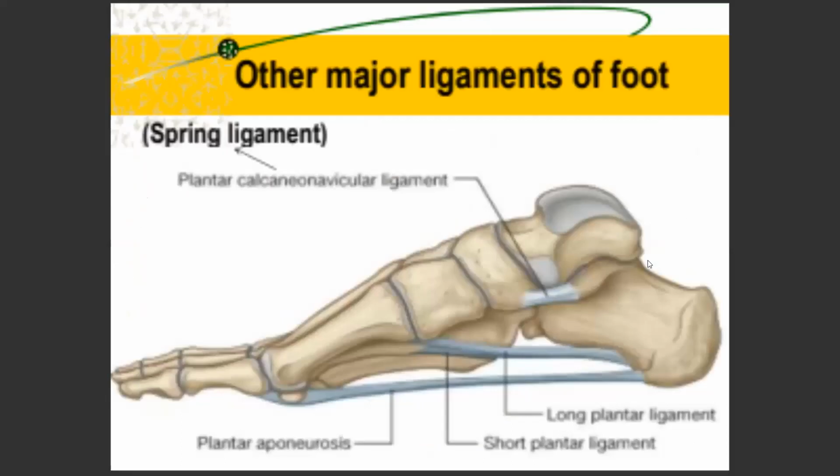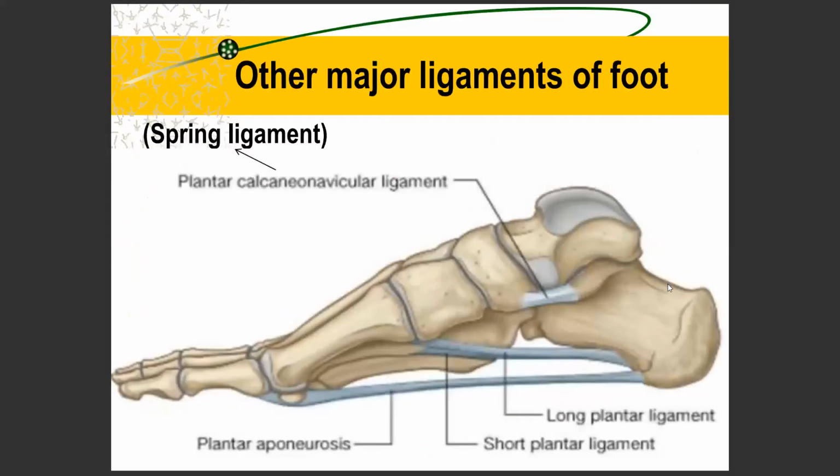There are some other ligaments that we will discuss today. The most important of these is the plantar calcaneonavicular ligament, which is present at the bottom. That surface is known as the plantar, and this ligament is present between the navicular bone and the calcaneum, so it is known as the calcaneonavicular ligament.